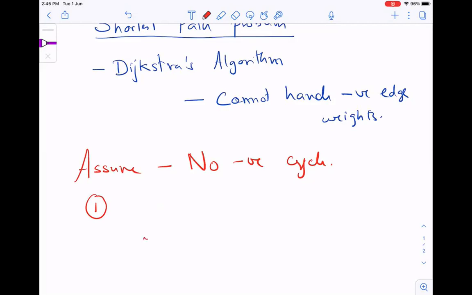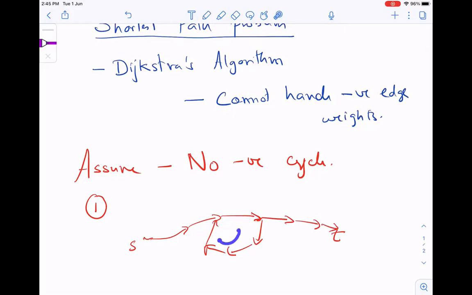If you have a path from S to T that goes like this and makes a cycle here, and then goes up here and then back here, this cycle is useless.